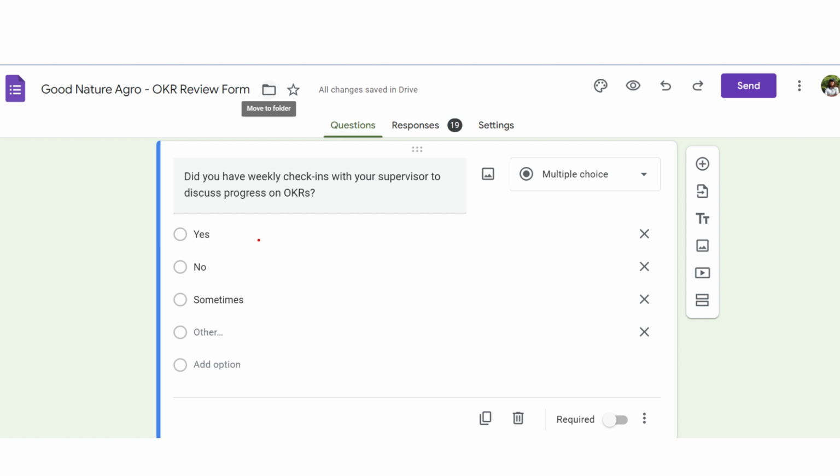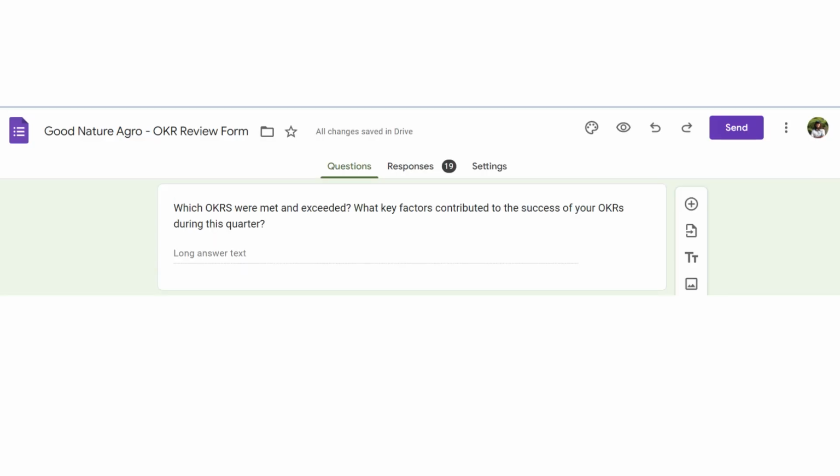Did you speak about your challenges during the quarter? Was your supervisor a great support or resource in the process of you achieving your achievements in the quarter? At this point in the form, you will be making sure to take note of how many times or how often you had your check-ins with your supervisor.